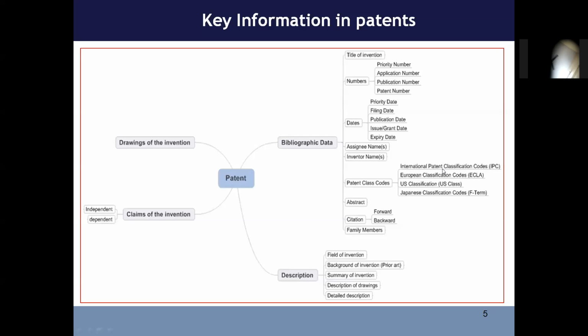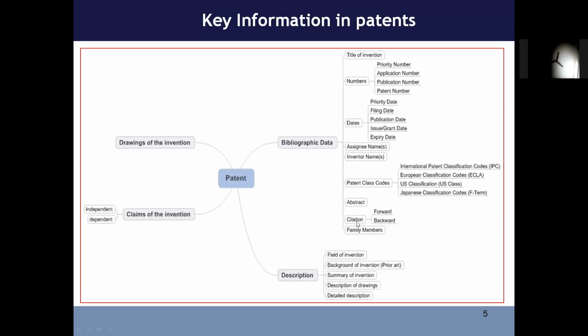You will find international patent classification codes, whether it is an Indian patent, US patent, or European patent. In American patents, you also find US classification codes in addition to the international patent classification codes. If it is a Japanese patent, you will also find Japanese classification codes in addition. And then you will find the abstract.